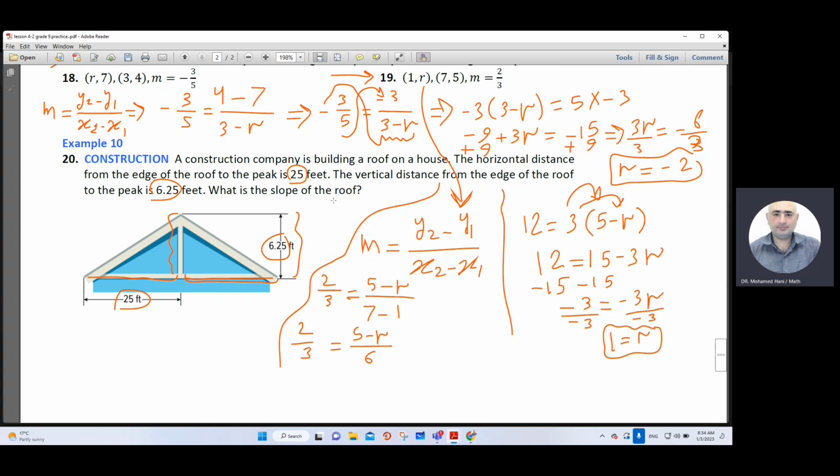What is the slope of the roof? Who can remember us what is the slope? How to find the slope? Y2 minus y1 over x2 minus x1, or what? Rise over run.